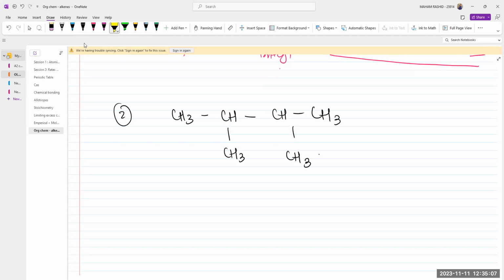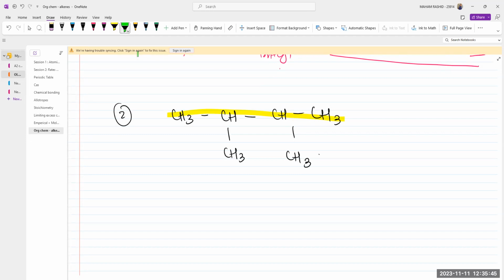Now, what's your longest carbon chain? Is it alright if I highlight it? You could highlight it, it's fine. C, C, C, 1, 2, 3, 4. From CH3 to the fourth CH3. It has 4 carbons.